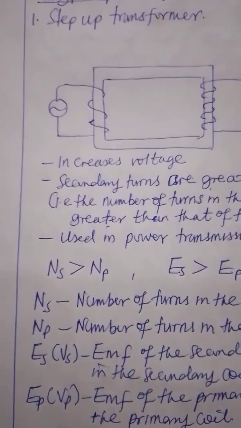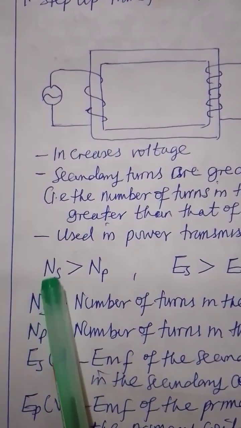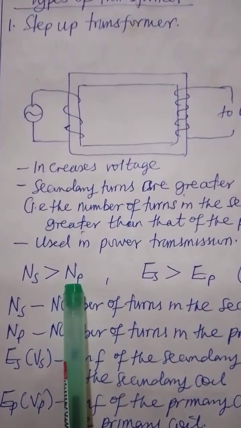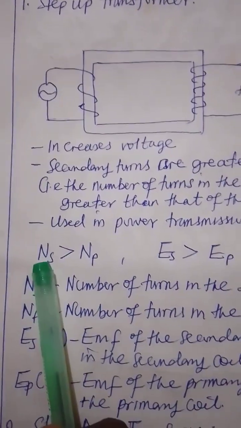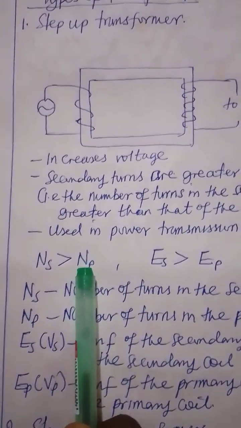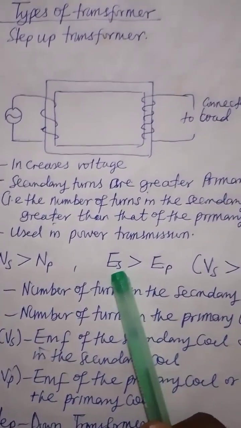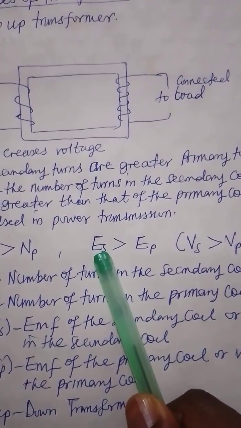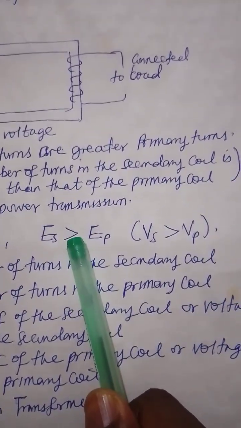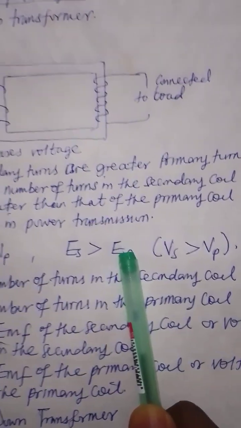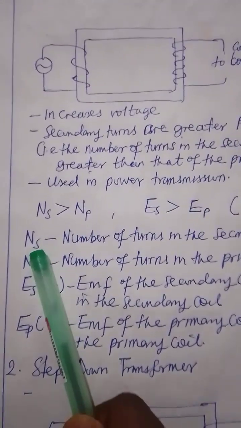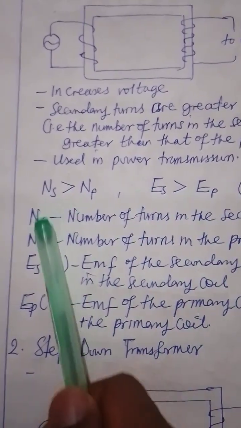So a summary of what we have just said now: the number of turns in the secondary coil is greater than the number of turns in the primary coil. The voltage, that is the EMF in the secondary coil, is greater than the EMF in the primary coil. Now let's look at the meaning of the symbols used.